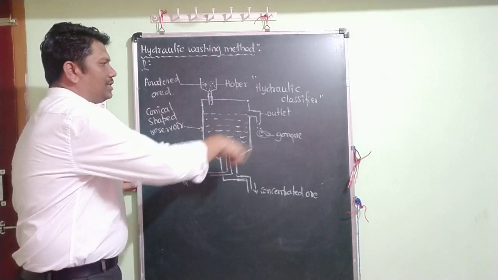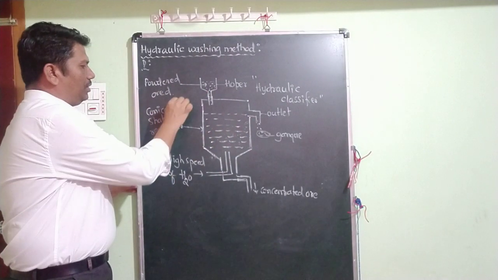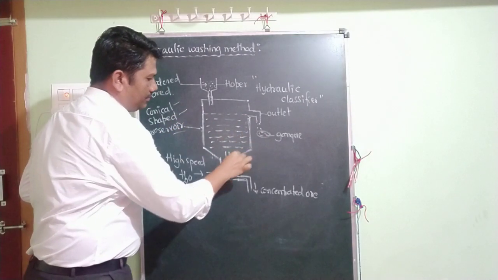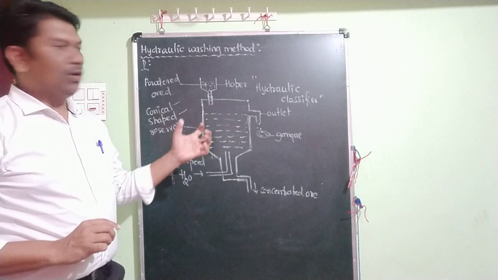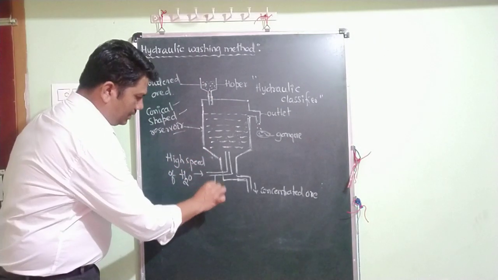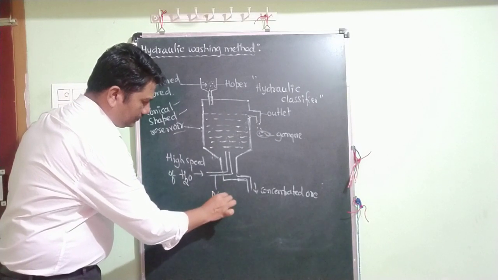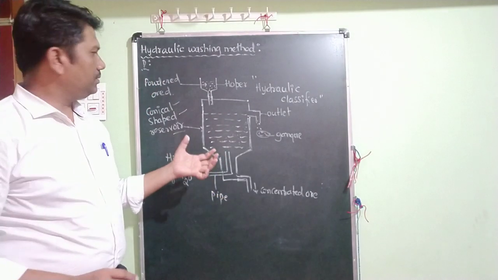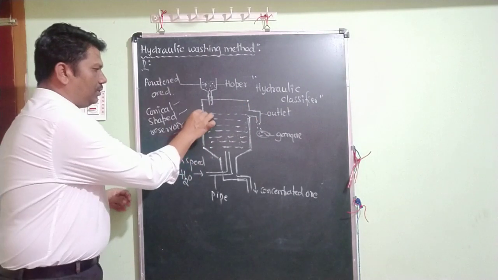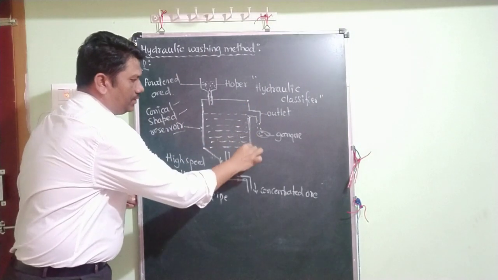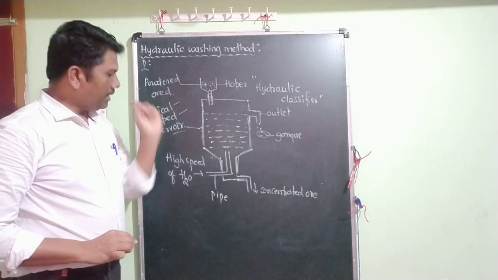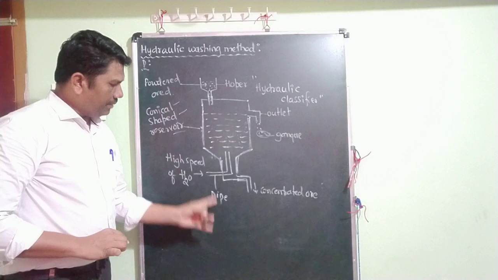It consists of a conical shaped reservoir, having hopper at the top and pipe at the bottom. This one is called a pipe. I'll repeat the sentence. Hydraulic classifier consists of conical shaped reservoir having hopper at the top. This is called a hopper. Hopper at the top and pipe at the bottom.